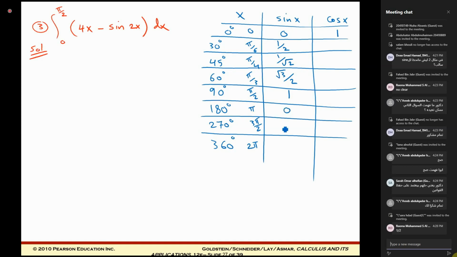Then 0, minus 1, 0. In cosine, this is equal to radical 3 over 2, 1 over radical 2, 1 over 2, 0, negative 1, 0, 1. These are the main angles and the values of sine and cosine.